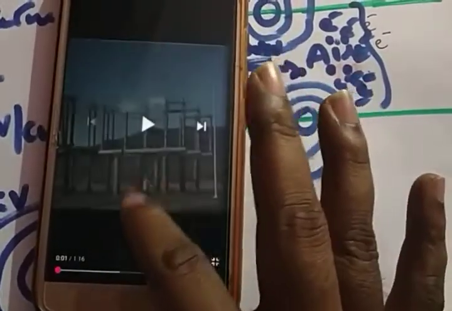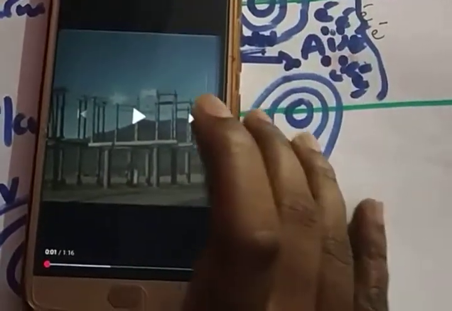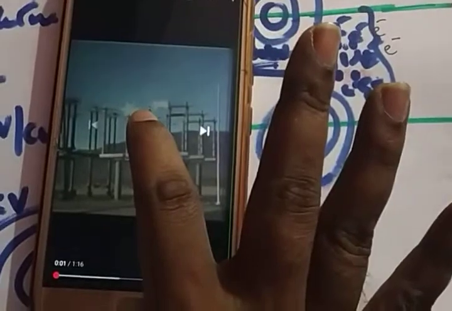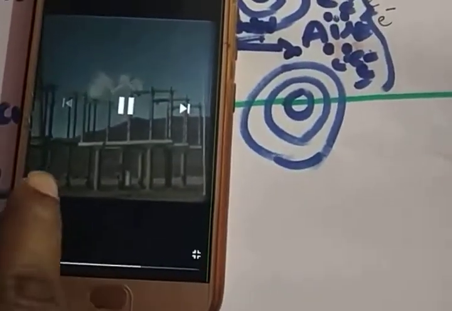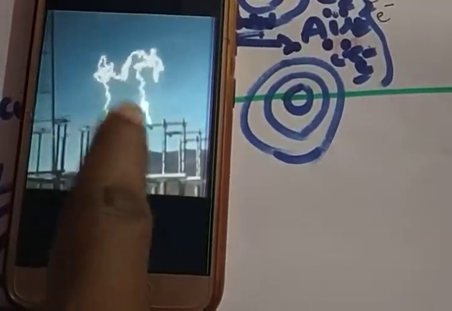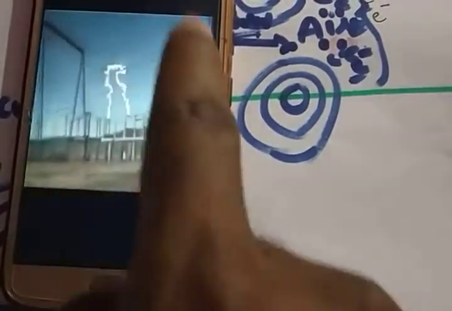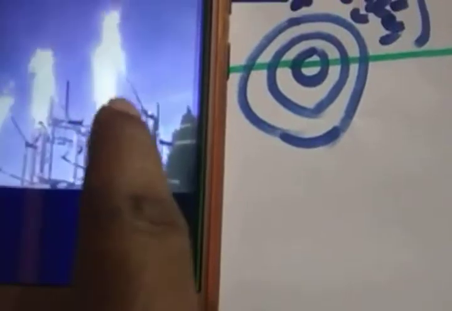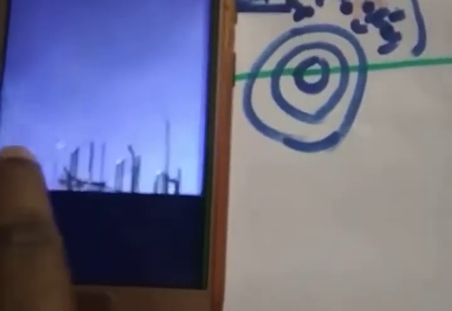You will see in this video how the corona discharge will form, right? You will see here the two transmission towers. How the corona discharge takes place means, see, like this, how the air got broken down and some sort of arc will form. This is the conducting part, so you should see how the corona discharge takes place.